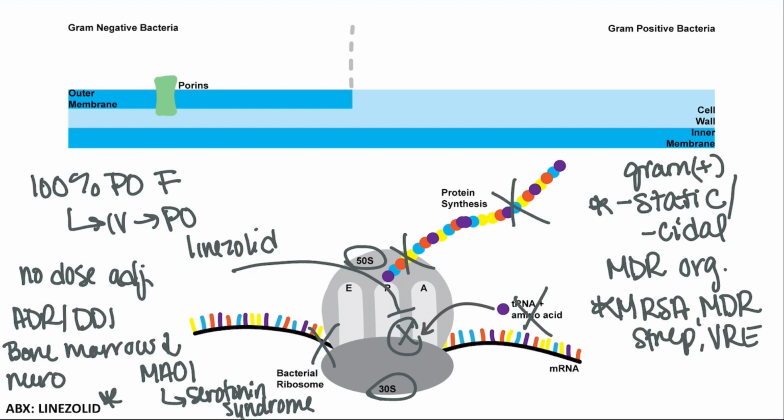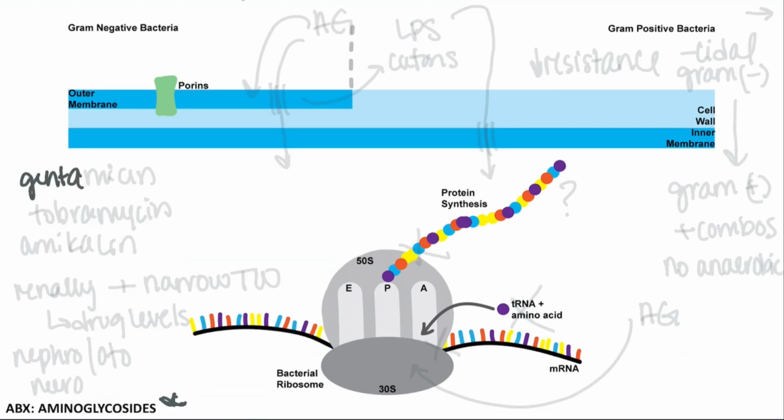So our next group of agents are the aminoglycosides, which include gentamicin, tobramycin, amikacin, as well as several others.